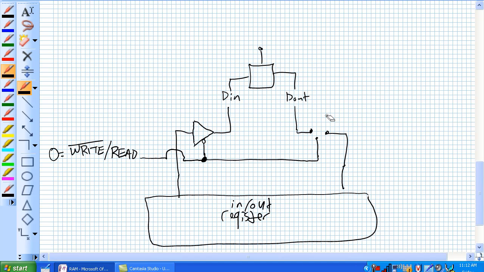So basically now, when it's writing, you've got a path for this 1 or 0 or whatever it is to be stored in there when it's selected. Okay. Now on the opposite, when it's in read mode, let's say we have a 1 stored in here.